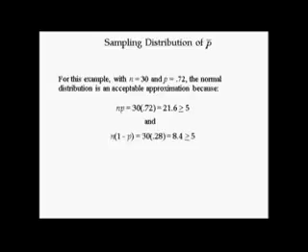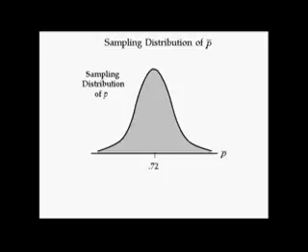And the sample size times the difference between 1 and the population proportion is equal to 30 times 0.28, which is equal to 8.4, a number that is also greater than 5. The distribution of the sample proportion is the following normal curve, whose center is at 0.72, the population proportion.